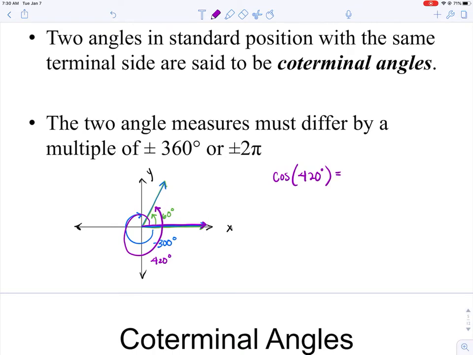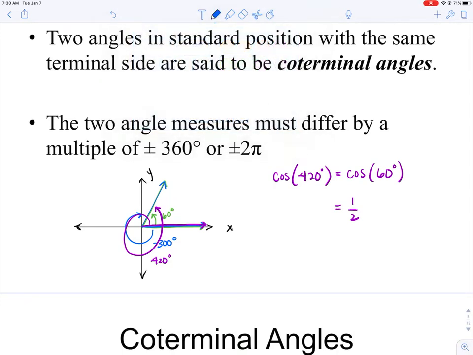So since 60 degrees is coterminal with 420 degrees, the way that we can evaluate cosine of 420 degrees exactly is by evaluating cosine of 60 degrees exactly, which, you guys know, is 1/2.